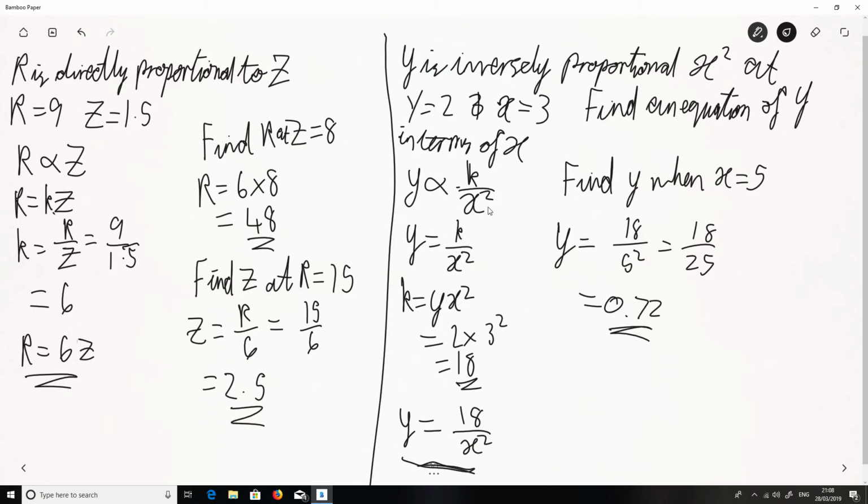So whatever it is, just remember, for direct, you want to do y equals kx, and for inverse, you want to do y equals k over x. As long as you do that, you should be fine with any question they can throw at you.